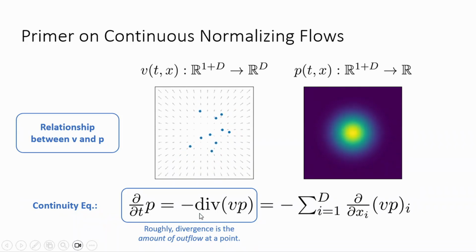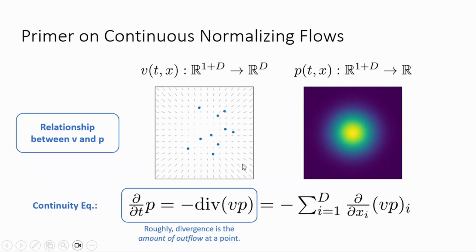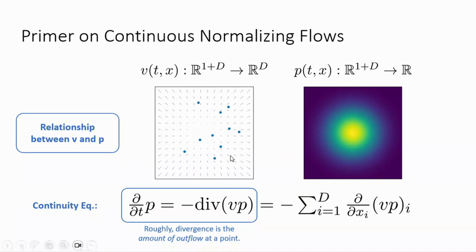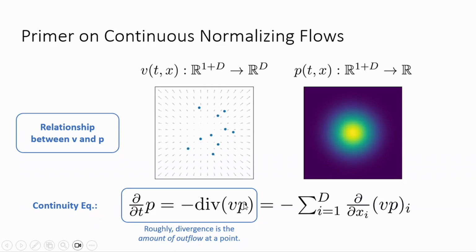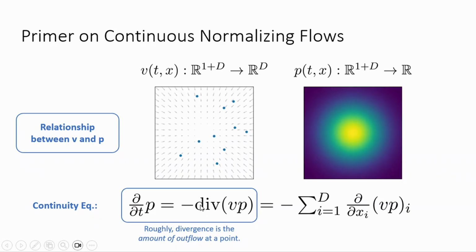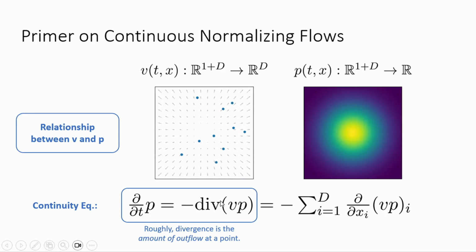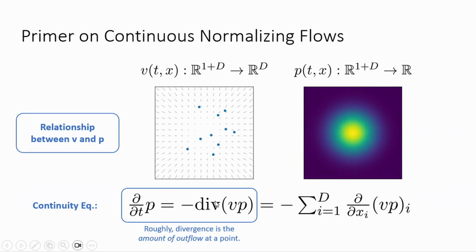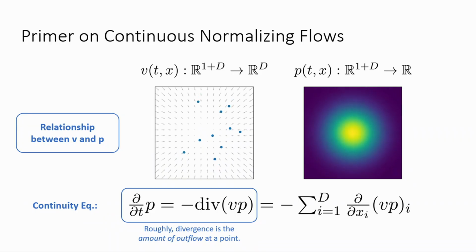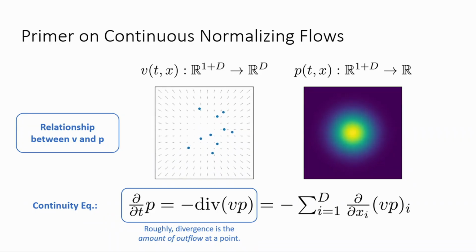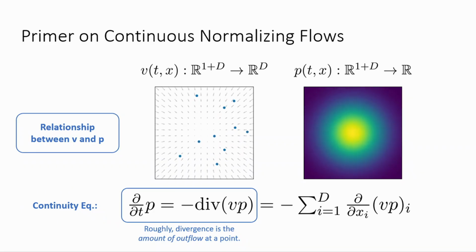And similarly, if you can design such a vector field, you can also easily track its probability with the continuity equation, which is defined in this form. Currently we can look at this form in the Euclidean space, but if we look at what's inside, you can consider this divergence as the volume of the outflow at a certain point, where it's the density at the point times the diffeomorphism you applied to that density.